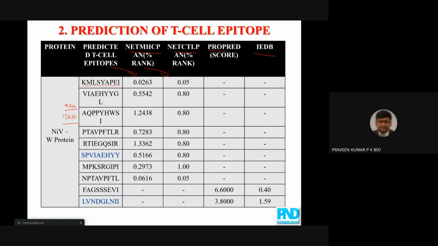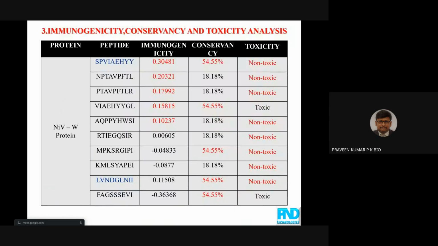According to the research I worked on, I got this best peptide for MHC1, and this best peptide for the MHC2 molecule. So I predicted only one base peptide. You know how this peptide is predicted from the series of peptides. Out of thousands of peptides for the Nipah virus W protein, I screened the base peptide based on the consistency in the increase in score, and also based on immunogenicity, conservancy, and toxicity.